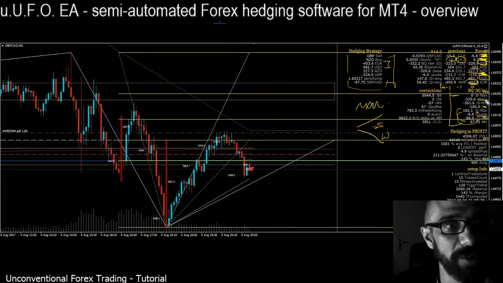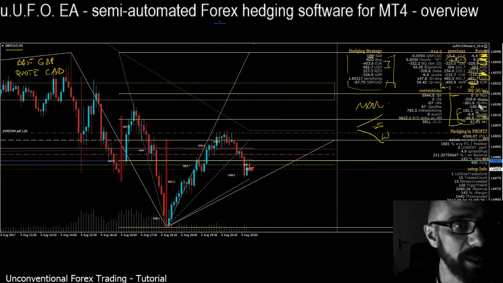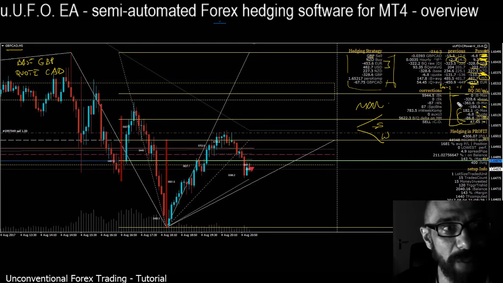So here I have information, for example, that the base, which is GBP in our case, because we are in the chart of GBP CAD, so our base is GBP and our quote is CAD. Okay, we can see that the base, so GBP, has an oscillation between 0 and -361 as a minimum, and actually is at -328. Okay, 328, the values are the same.